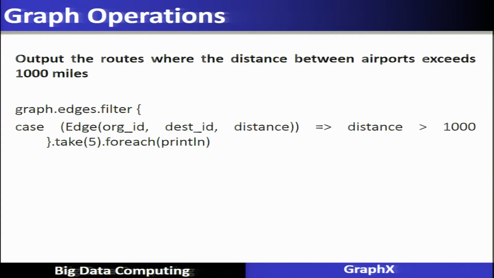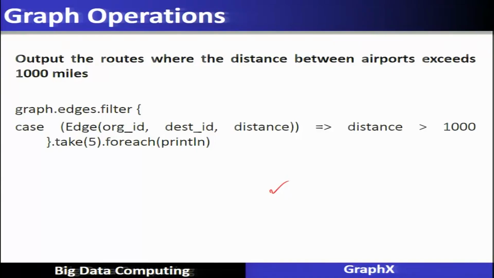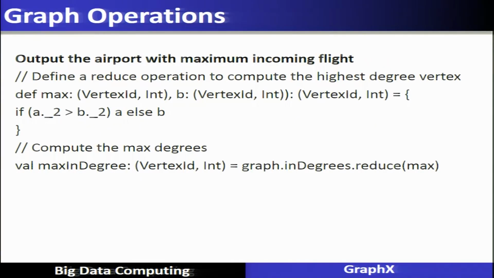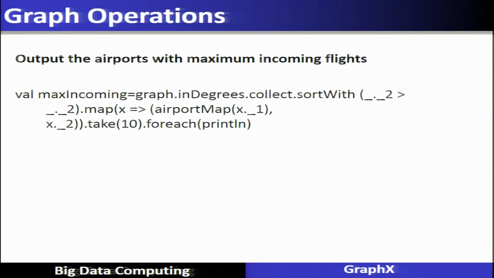So the graph operations output the routes where the distance between the airports exceeds 1000 miles, which we have seen. It will just apply the filter and get this output. Similarly, if we want to output the airport with the maximum incoming flights, here we can find the in-degree with the maximum, and this will give the maximum incoming flights.